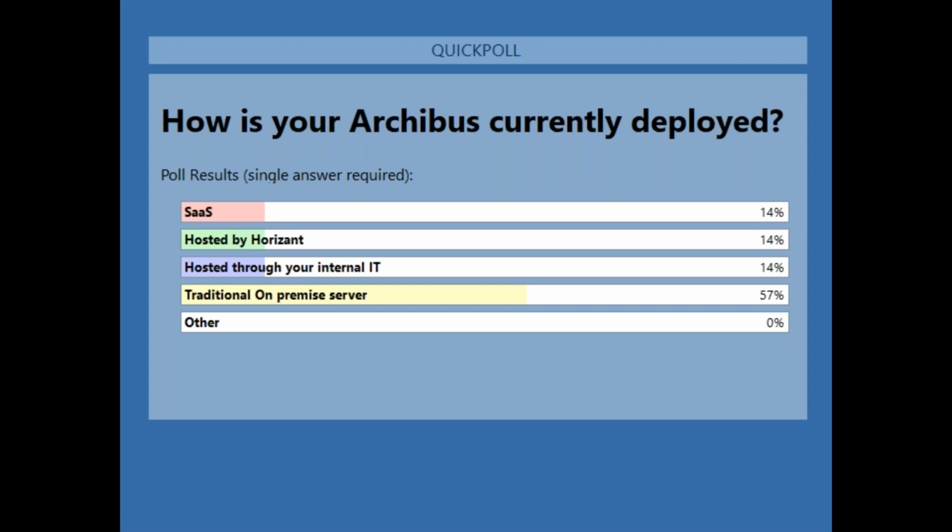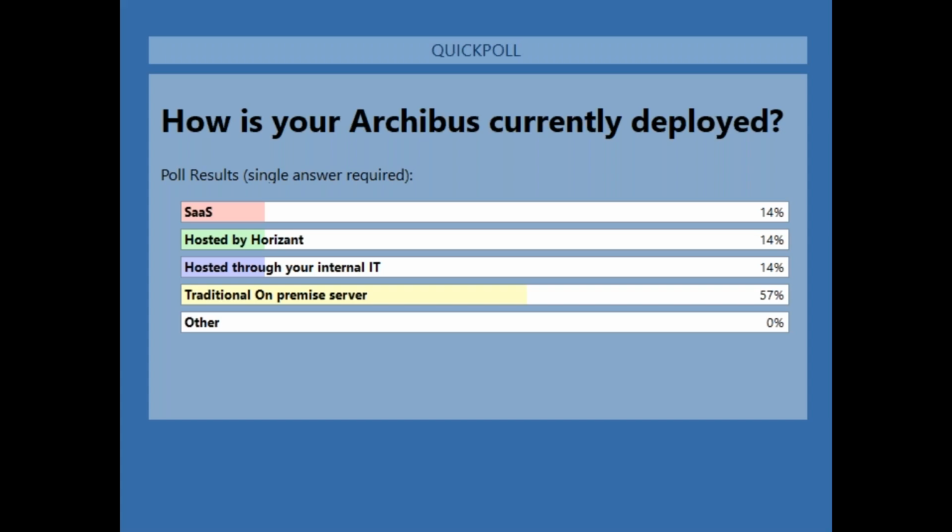And I guess the other thing I would add is we're a relatively small department and a relatively small Archibus shop, so when we do a server setup or server migration, we usually need some assistance from our partners such as Horizant, or at one point we used to get some guidance from the PSPC geomatics team, and we still have some limited conversation with them.